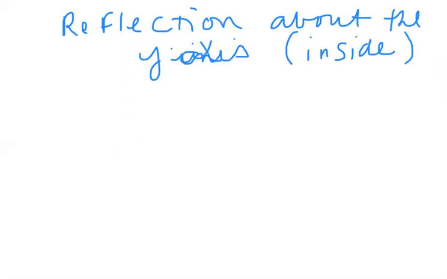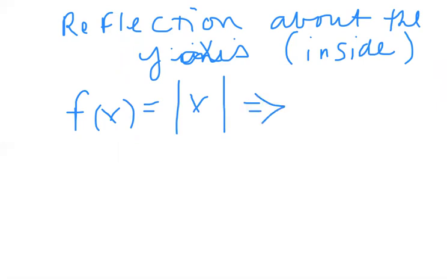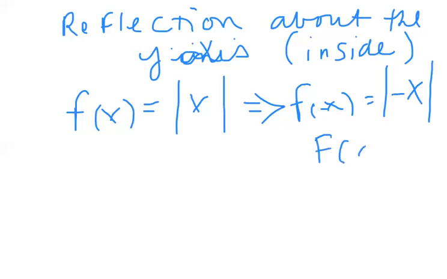Look, if I have f of x equals the absolute value of x, and I plug in a negative value for x, look at what's going to happen. I am going to get the absolute value of negative x. When we take the absolute value of a negative, what do we always end up with? A positive. So essentially, whether I have negative x values or positive x values, I end right back at the same function.